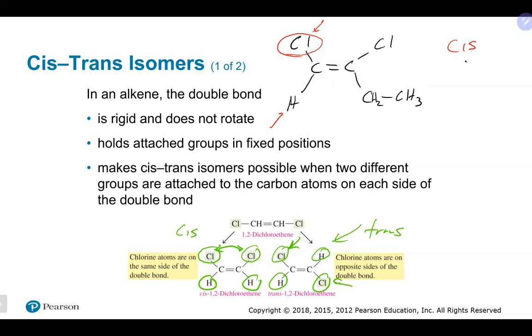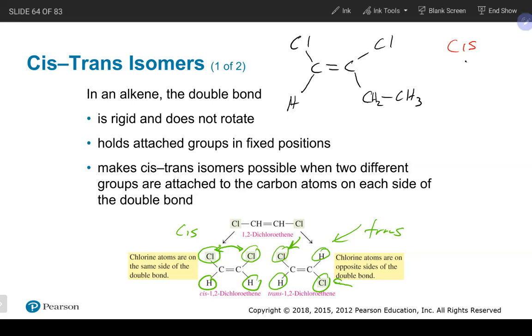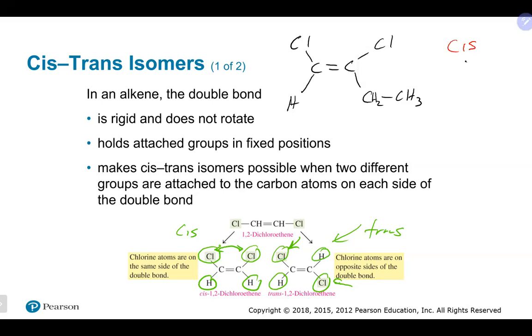The real reason I drew it is for when people are asked to name it. When people see something drawn as cis or trans, they're often focused on the double bond, which is important. But the longest carbon chain here is how many? It is not just two.